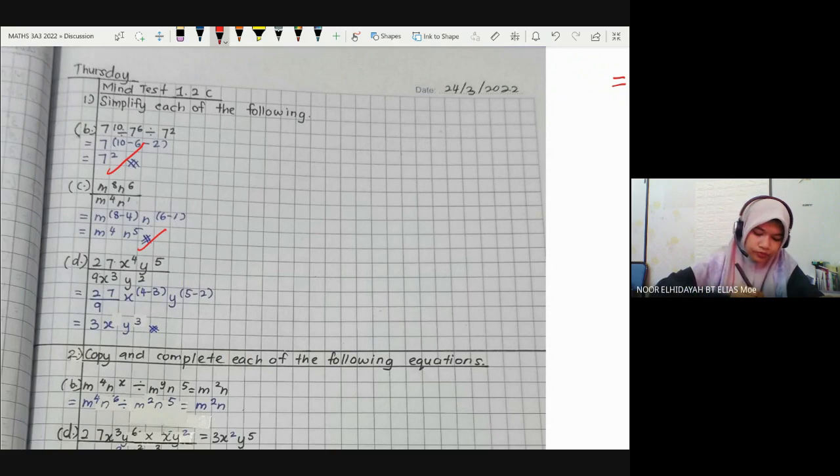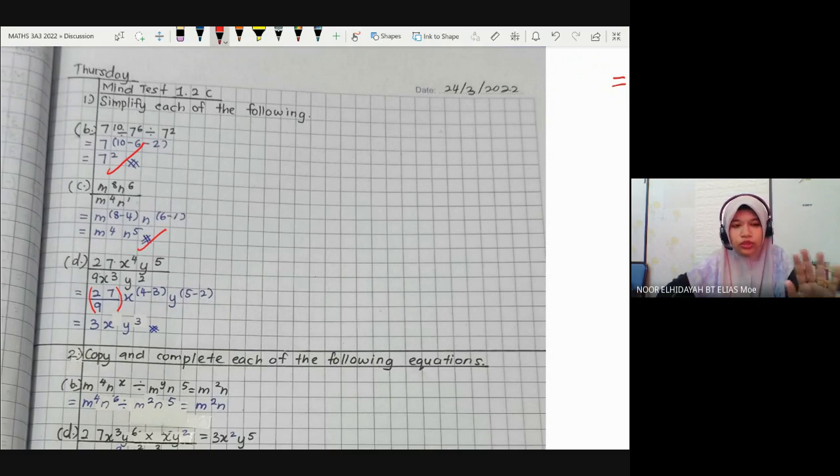The coefficient 27, you divide by 9, and then x to the power of 4 minus 3, y to the power of 5 minus 2. So 27 divided by 9 is 3, x to the power of 1.